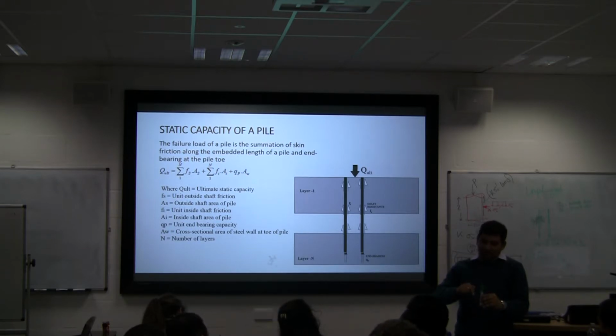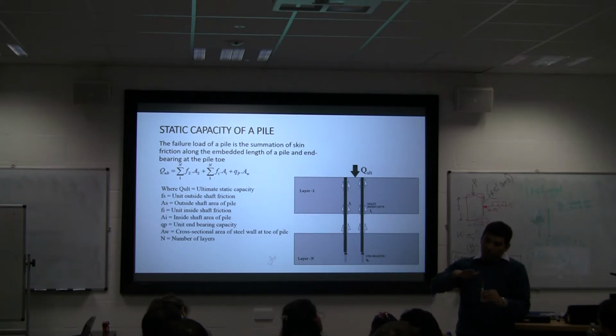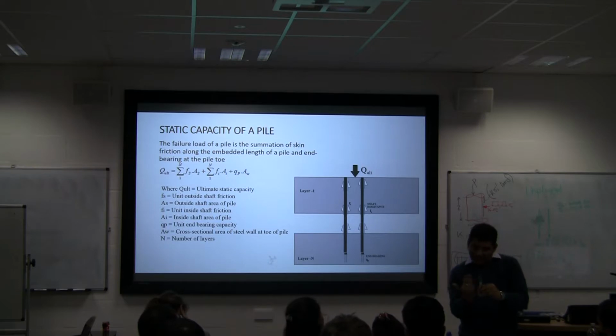What is the stress at the middle point? The vertical stress. What is the ground applying as stress there? Then I find out what stress is then coming onto the pile surface. So vertical stress times K will give you the lateral stress. That's the stress there. And then the friction would be this times the friction coefficient.